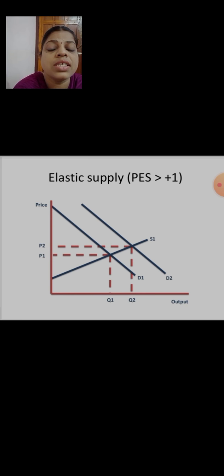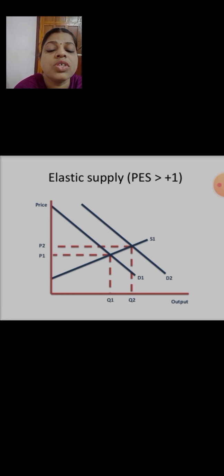When the price has increased to P2, the quantity also increased. But here we can see a wide gap between Q1 and Q2. What does it signify? A slight change in the prices from P1 to P2 causes a more than proportionate change in the quantity supplied of certain commodities.